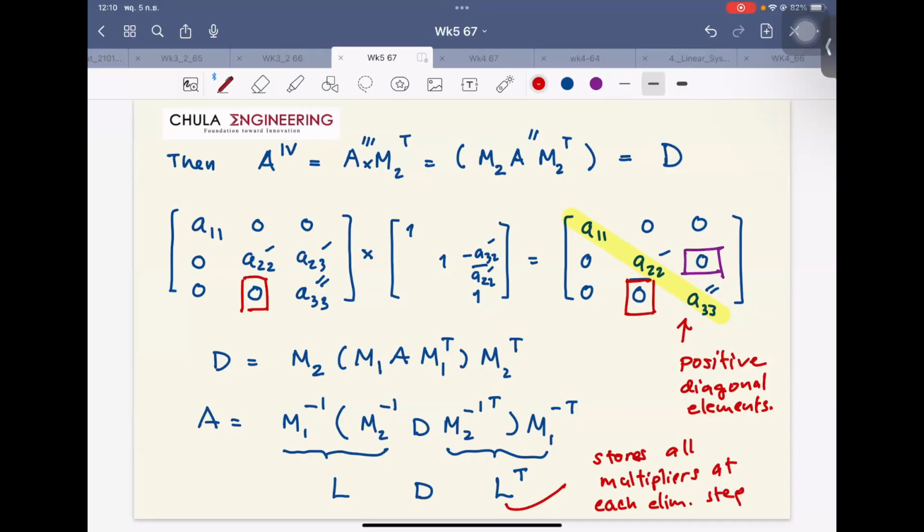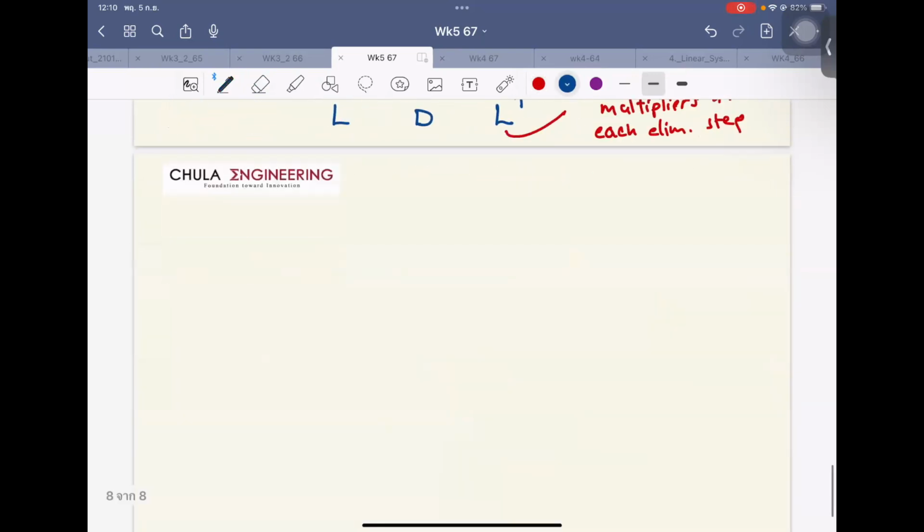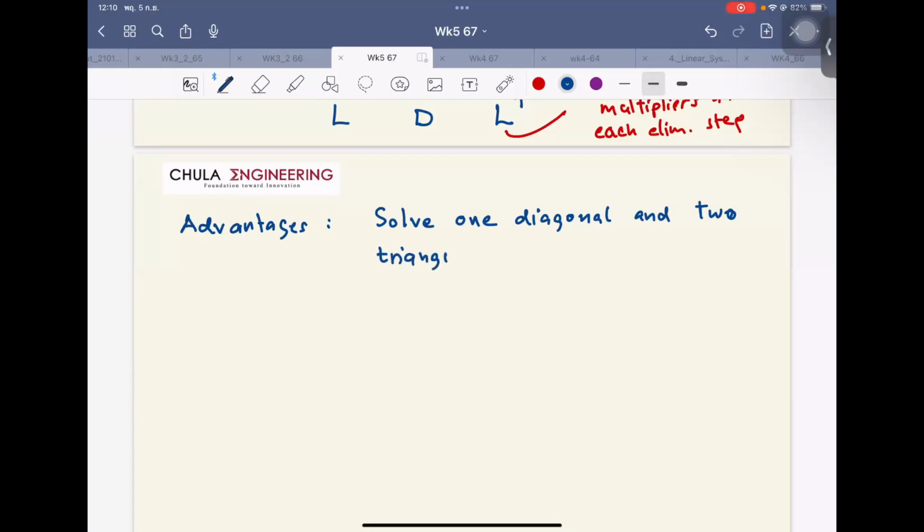So what is the advantage of the LDL transpose scheme? The advantage is that we end up solving one diagonal and two triangular systems.